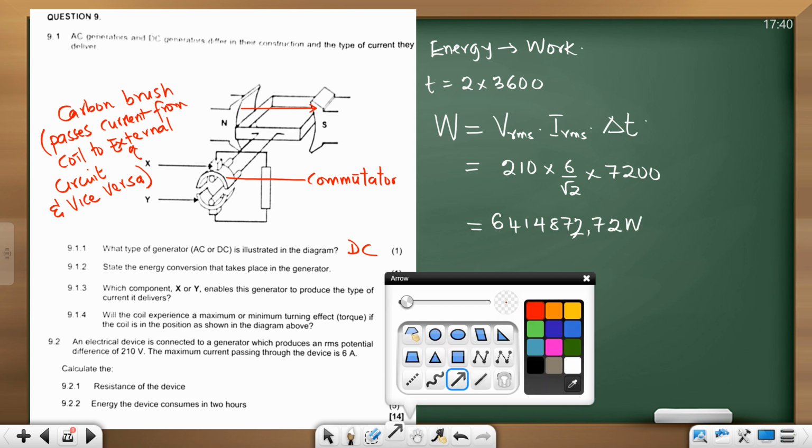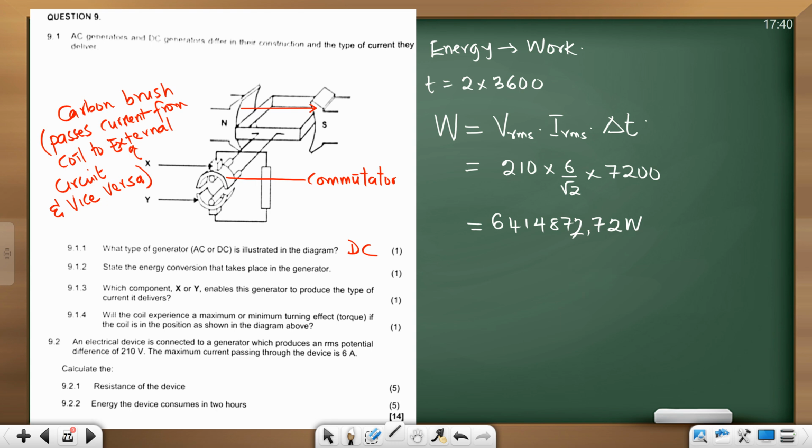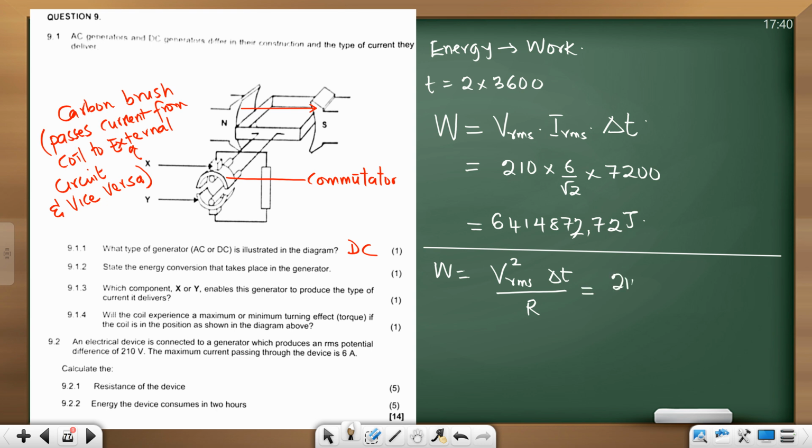Let's try another method. Oh, joules, sorry. W equals V squared delta T over R. W equals VRMS squared delta T over R. Is that fine? So what's my VRMS? 210 squared times 7,200 over what is my resistance? We got a resistance, right?